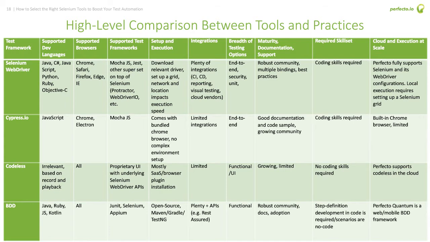Obviously, it's JavaScript. You need to know how to write code. You cannot avoid that. It requires code. Again, from a scaling perspective, it's limited. And by the way, Perfecto is looking into integrating with Cypress and helping them solve the limitation in scaling the execution.